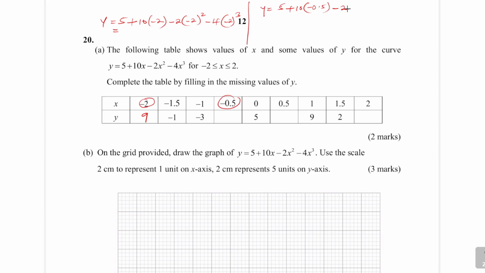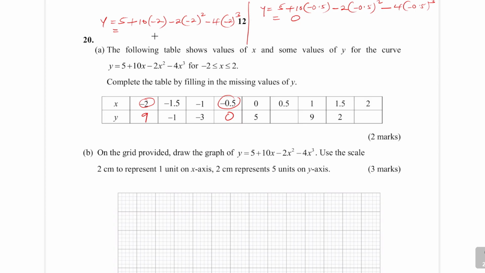Feed it the way it is, even the brackets, and when you press equals, this gives you 0. That is what you do for all the others.